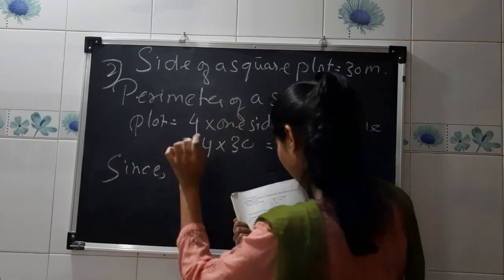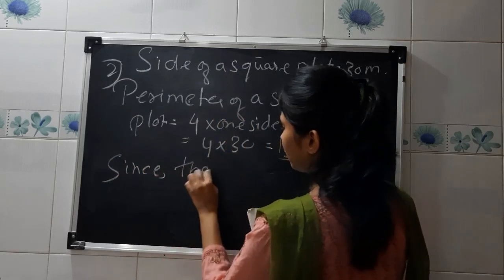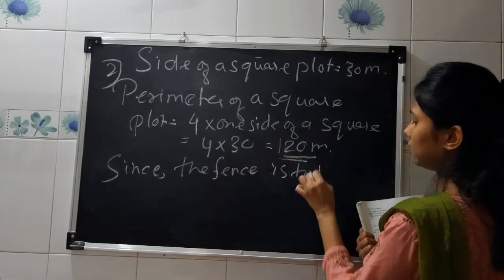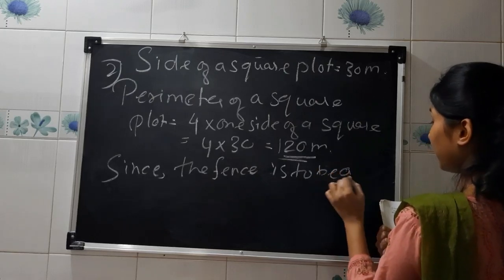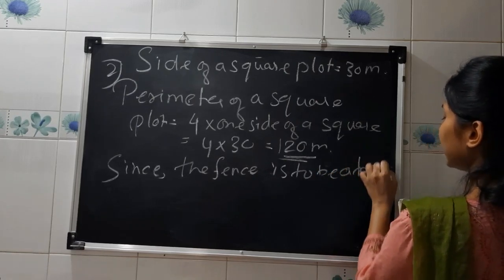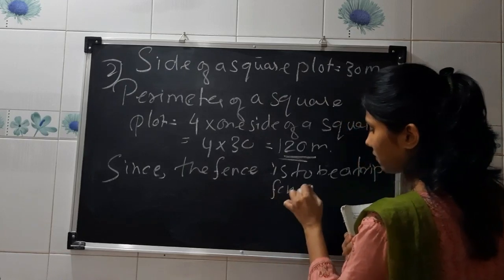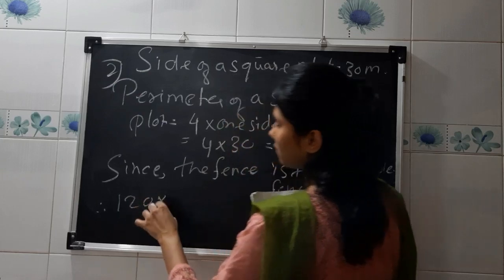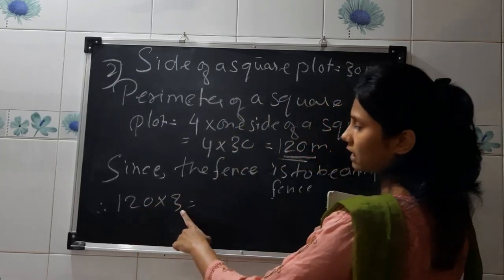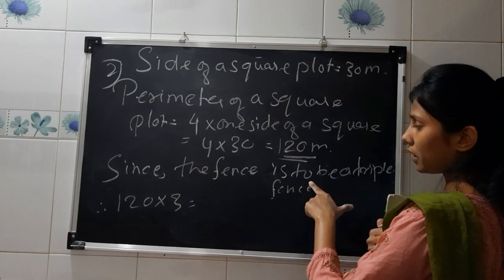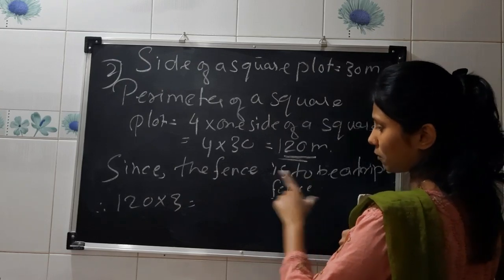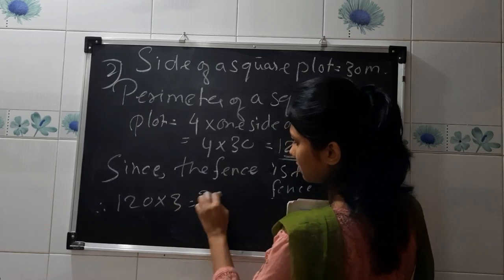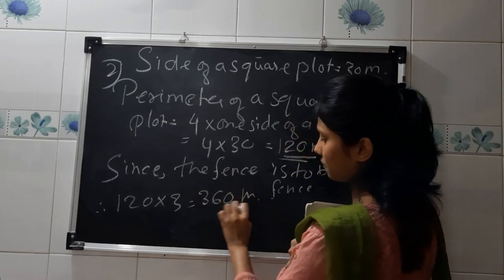Since the fence is to be a triple, means 3 times, therefore 120, that is the perimeter, into 3. Why 3? Because we have to put it around a square plot 3 times. So 120 into 3, that is 360 meters.